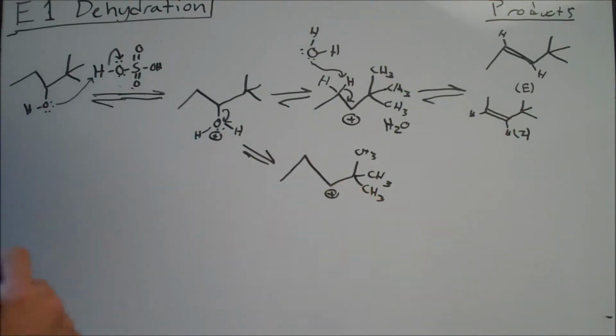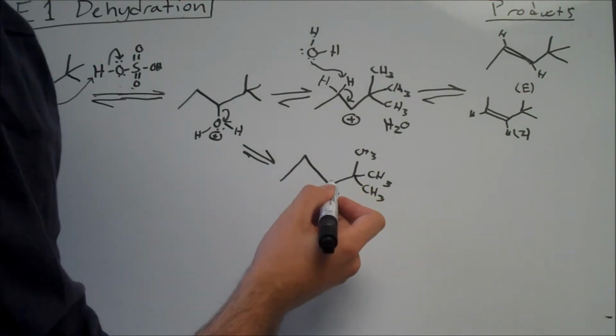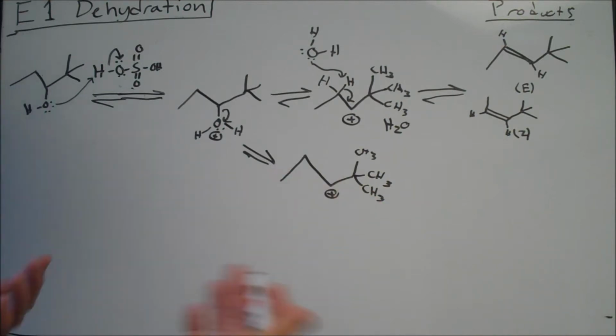Here we have a secondary carbocation next to a quaternary beta carbon. And that's quaternary because it has this carbon attached and then three others, 4 carbons total.